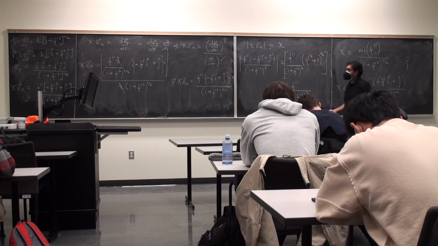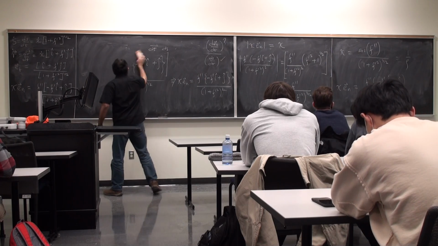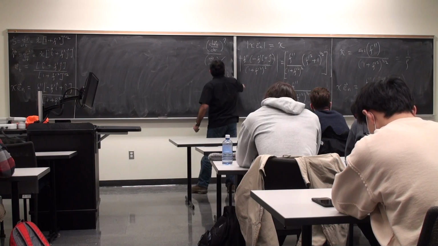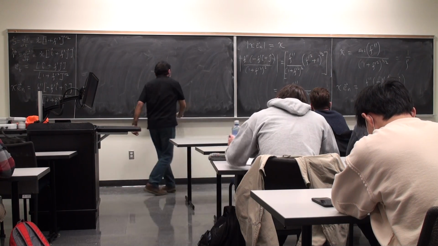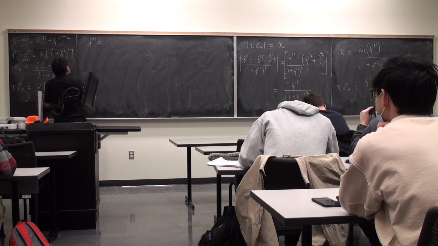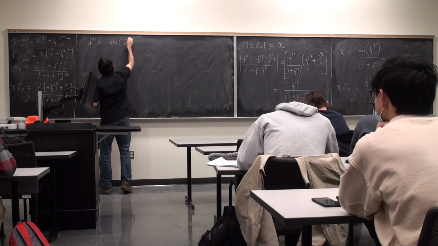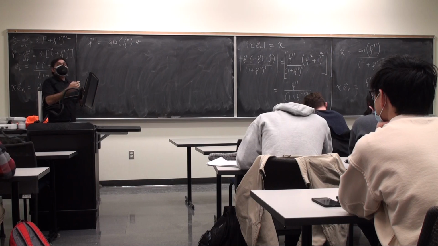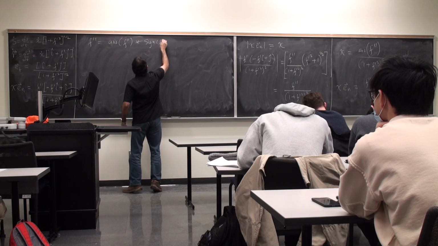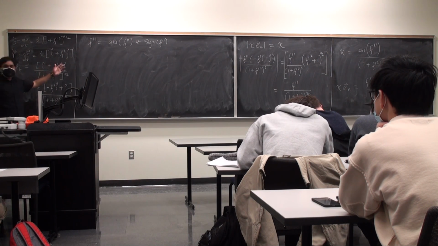I'm going to substitute for kappa. And I'm going to say the following: f double prime is the absolute value of f double prime multiplied by the sign of f double prime. Okay, this makes sense, doesn't it?